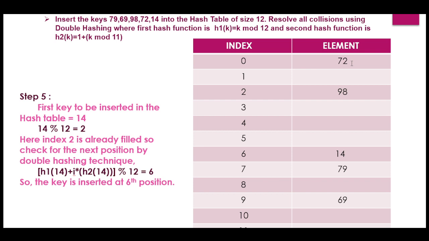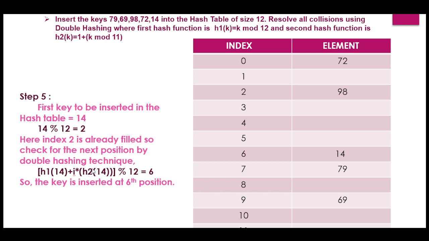Next we have 14 as the last element. 14 mod 12 is 2. Here index 2 is already filled with the number 98. So go for the next position. By using the double hashing technique, that is the formula h1 of 14 plus i into h2 of 14 modulo 12, we get here the first hash function of 14 is 2 and here i can be replaced with 1.